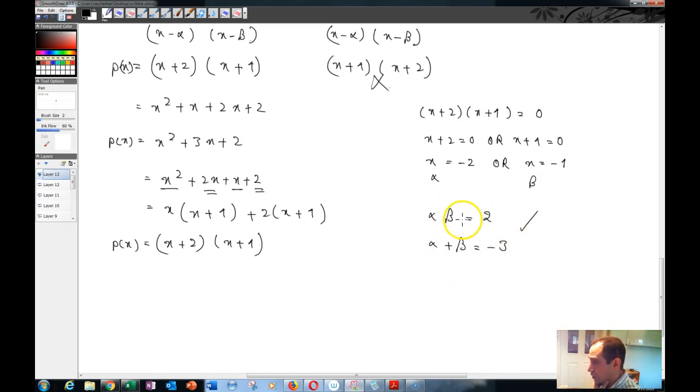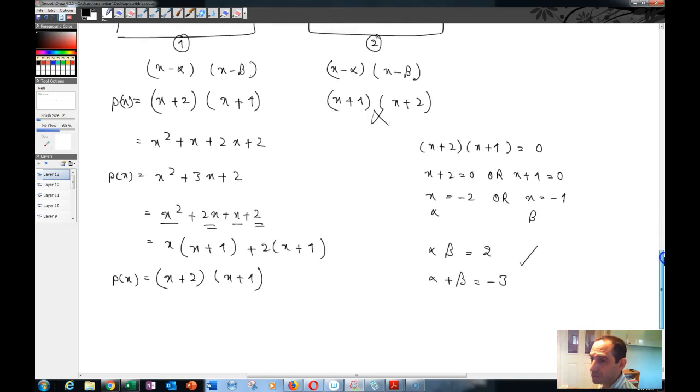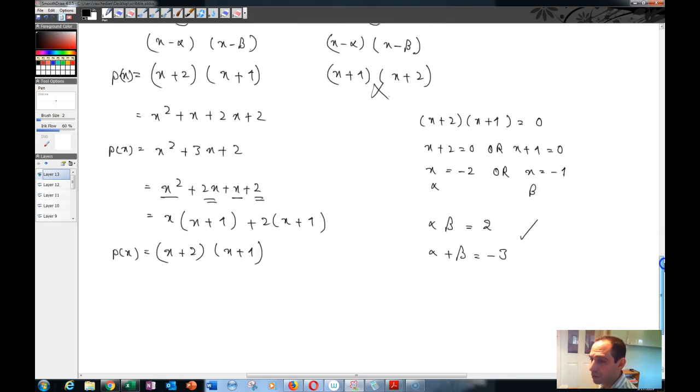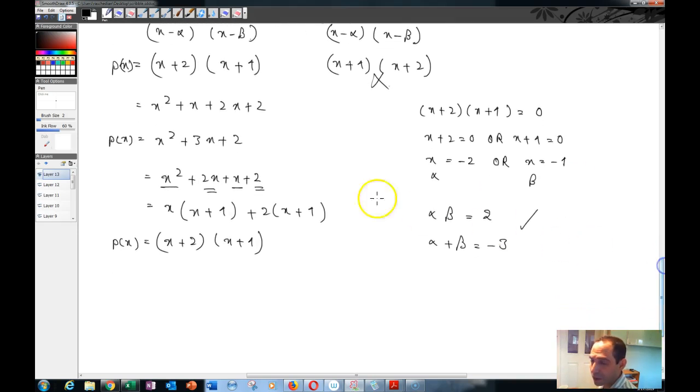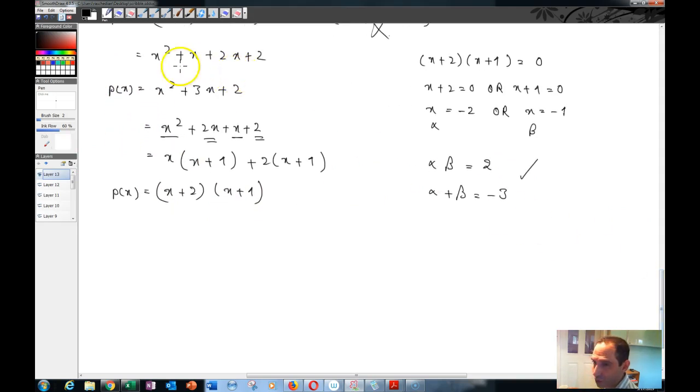Now, of course, the polynomial that we were looking for is p of x is equal to x squared plus 3x plus 2.